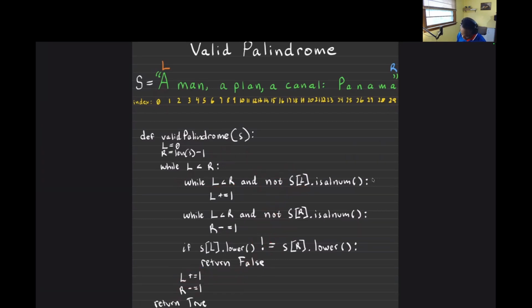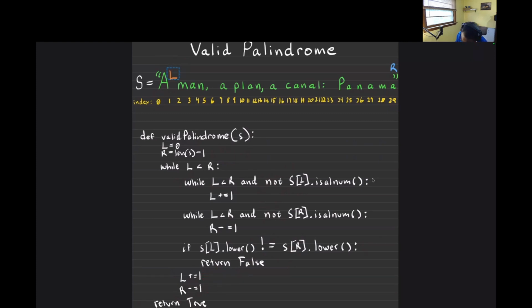Because notice how, especially for this case, if both of these letters in their lowercase form were not equal to each other, that means we return false. So based off of these options we've exhausted, naturally we know that these guys match, okay? Because they don't meet this condition. So what do we do? We say left plus equals 1, right minus equals 1.